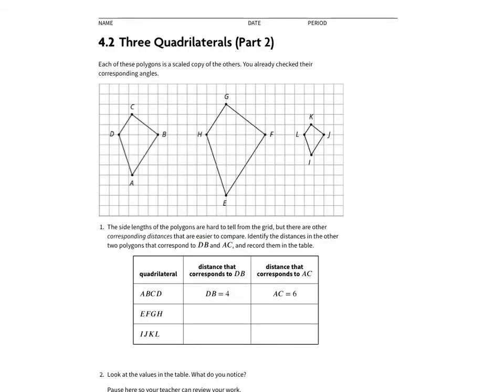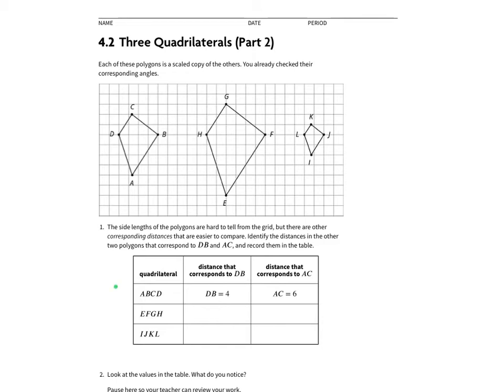Now this slide, or this page, is asking us about those same polygons and what's the relationship between their sides. So here's the problem. We mentioned this last week. Measuring diagonals, like here, is hard to do. Sometimes all we can do is measure acrosses and downs. So that's what we want to look at here with these polygons.